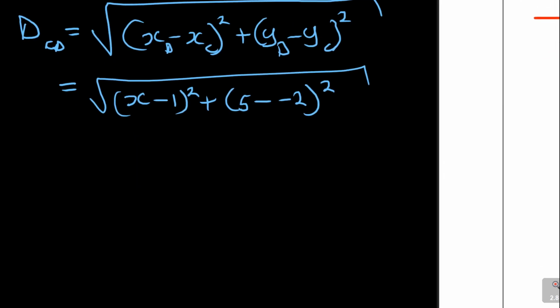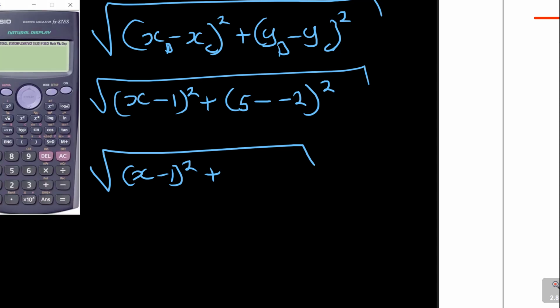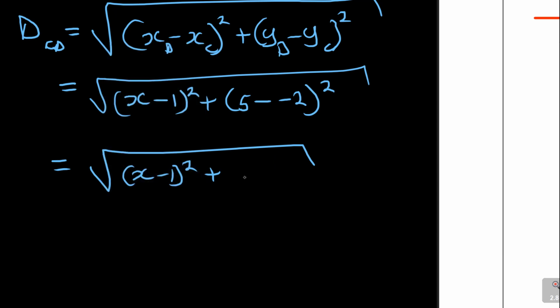Similar to what we did previously. Then you simplify. Whenever there is an x inside, I can't use a calculator here. So it will remain as x minus 1 squared, plus, but I can simplify 5 minus 2 squared using the calculator. It's 9. It looks similar to the previous one.